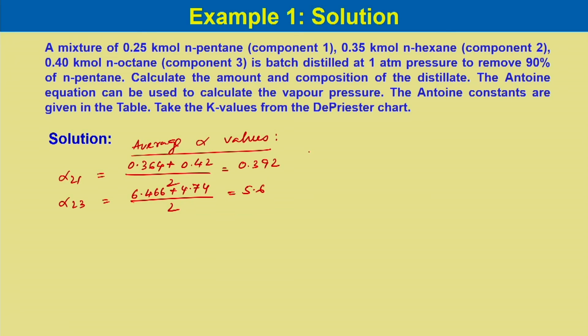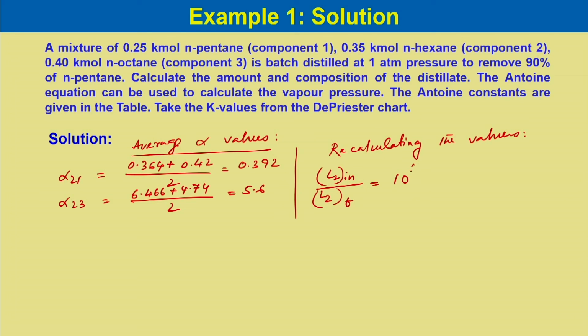Now, recalculating the values, we can write L2 initial divided by L2 final would be equal to 10 to the power 0.392. So, from here we can calculate L2 final would be 0.141 kilomole.